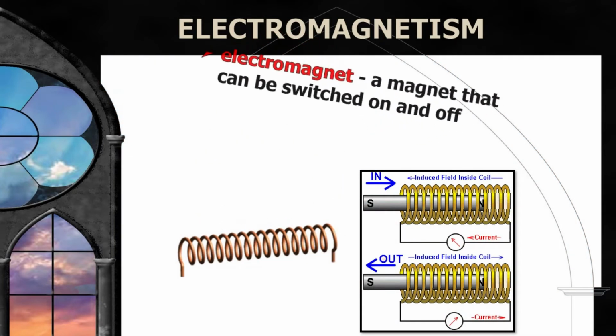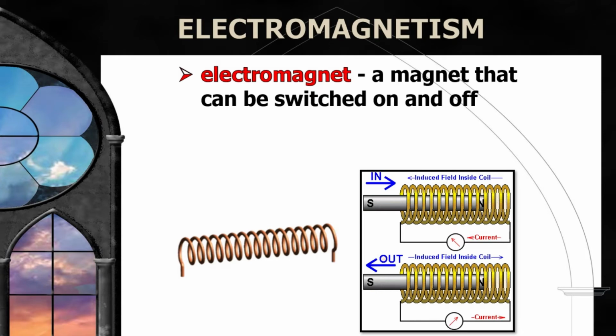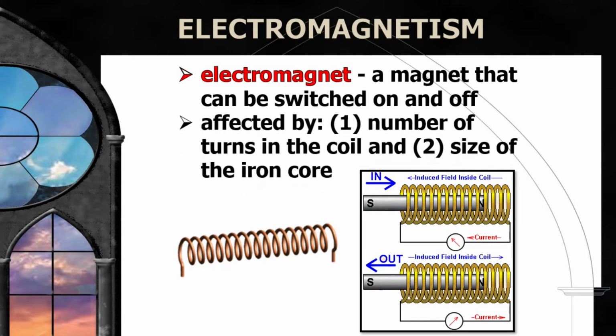But in electromagnetism, electromagnets are magnets that can be switched on and off. So it can be affected by the number of turns in the coils and the size of the iron core. So as you can see, when you try to put a magnet inside the coil of wires, the induced field inside the coil will try to produce current in the opposite direction.